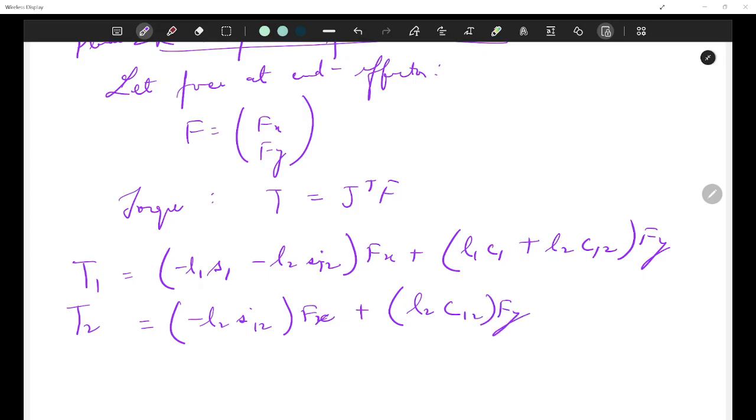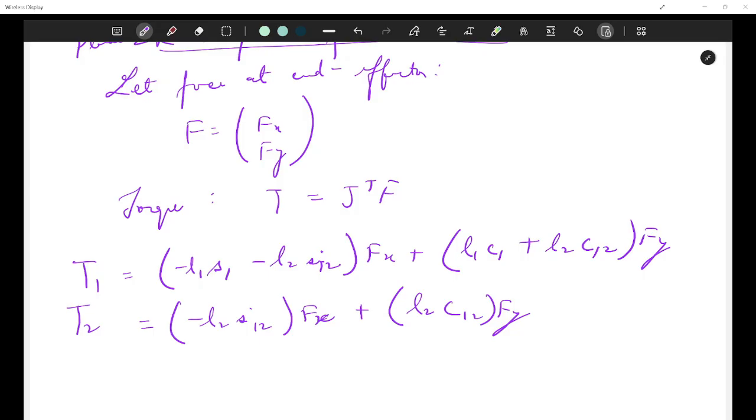So if the arm is stretched, theta 2 is equal to 0, then the torque required to resist radial force becomes infinite. This explains that at singularity the robot is going to lose degrees of freedom, and the robot can resist some forces with zero torques.